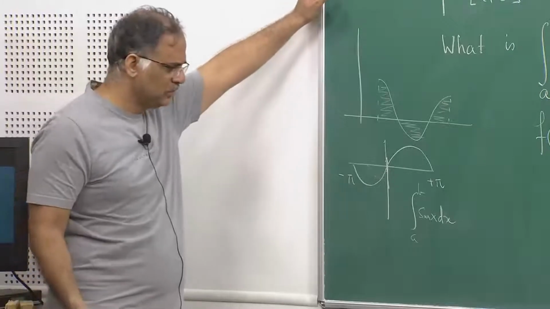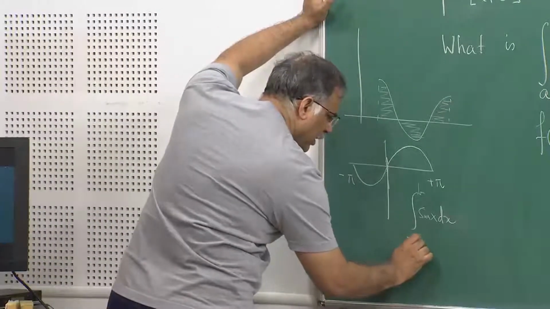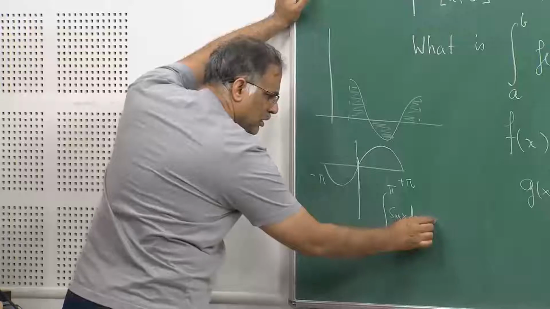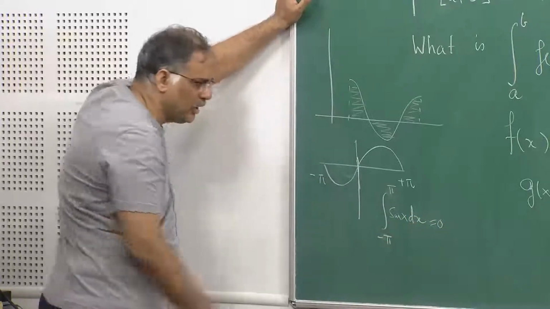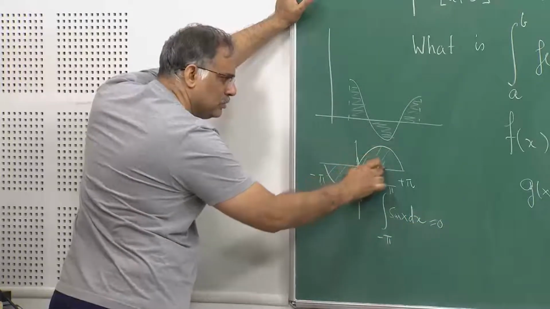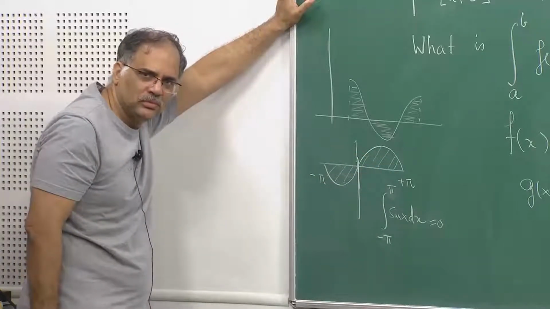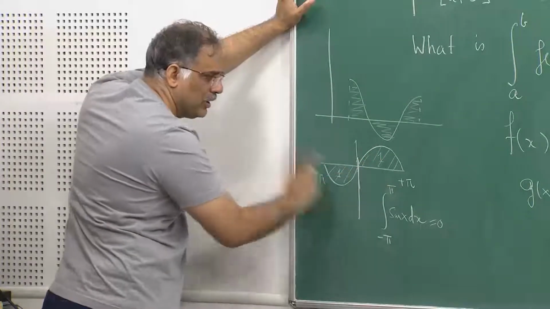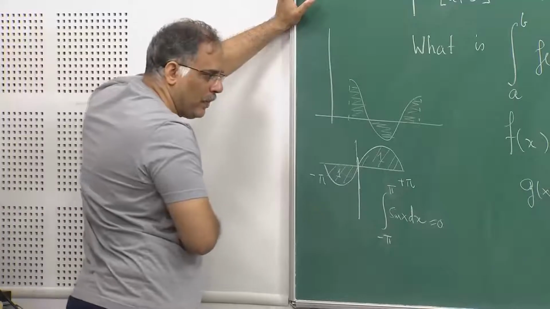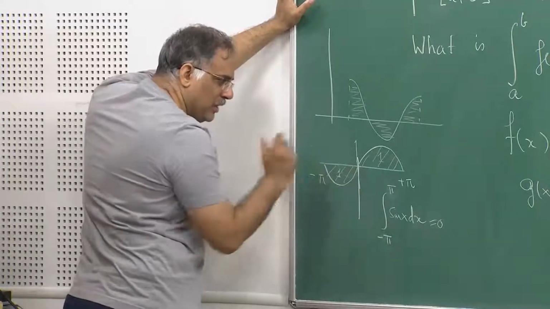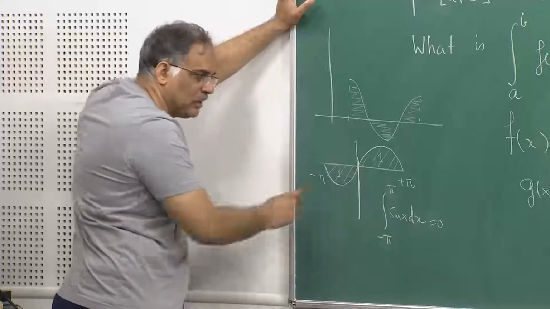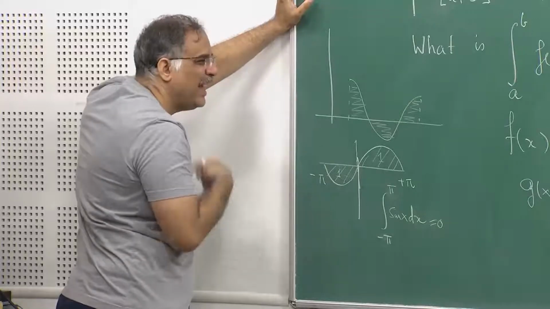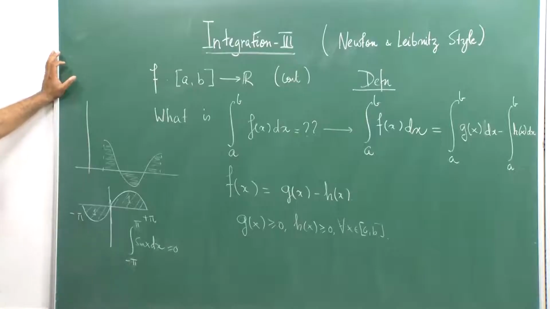If I put a as minus pi and b as plus pi, the answer would be 0. So what does it mean? Is the area under the curve 0? Of course, this area is 1 and this area is 1, that is 1 minus 1. So the absolute value of the area is 2 if you sum the two areas. But if you define the area under the curve in this sense, it will actually be 0.